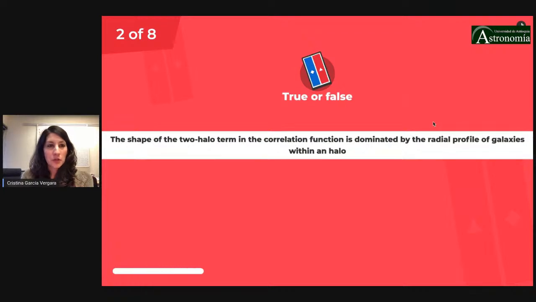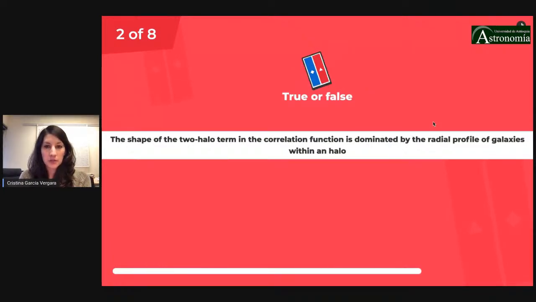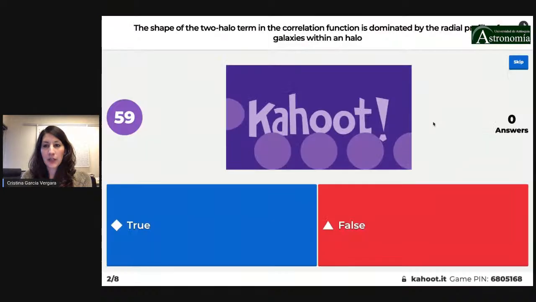Question number 2. The shape of the 2-halo term in the correlation function is dominated by the radial profile of galaxies within a halo. True or false?